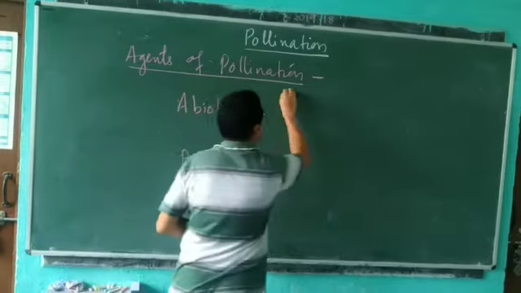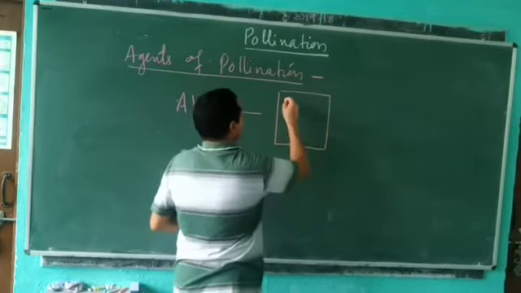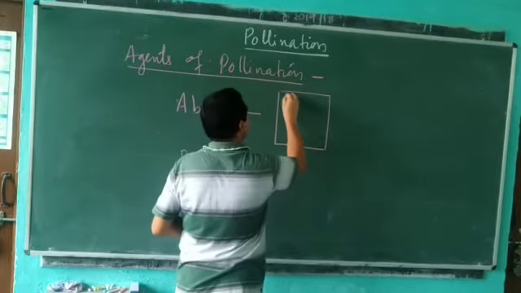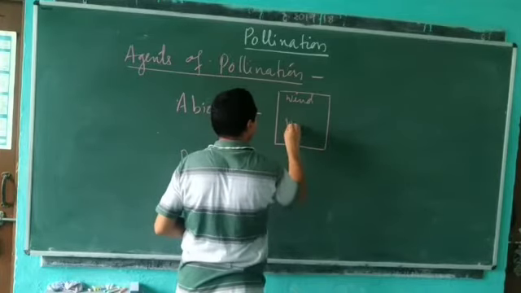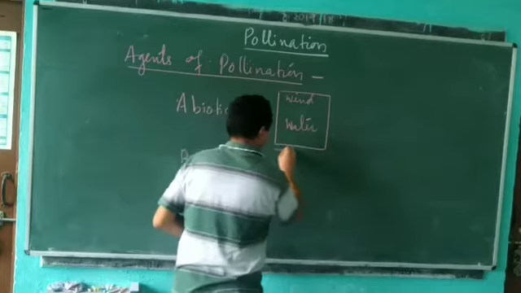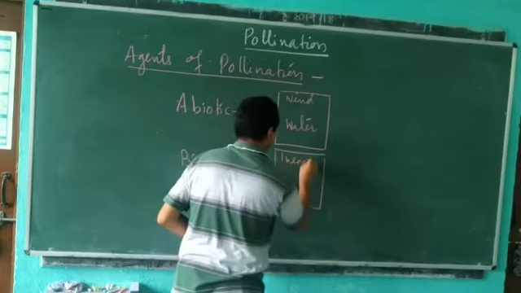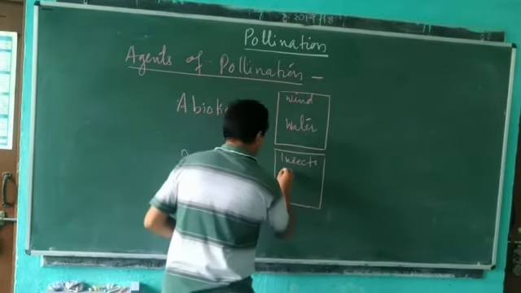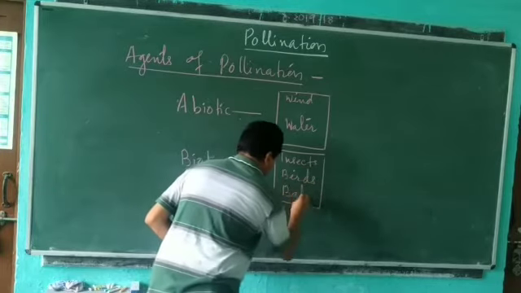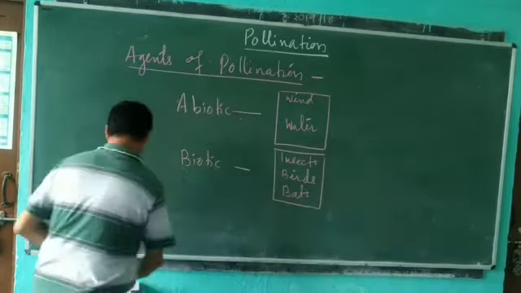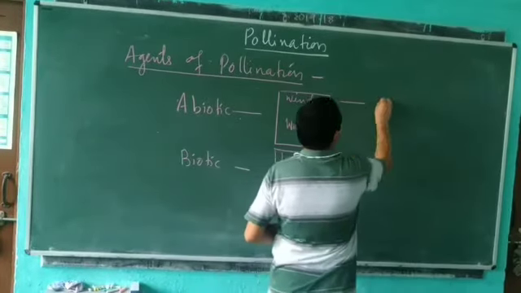The abiotic agents are wind and water. The biotic or living agents are insects, birds, bats, even animals.